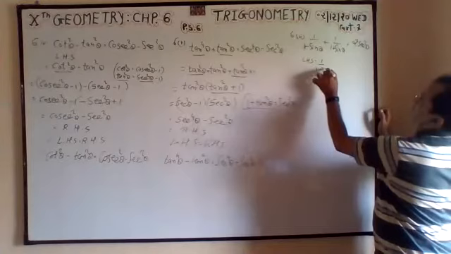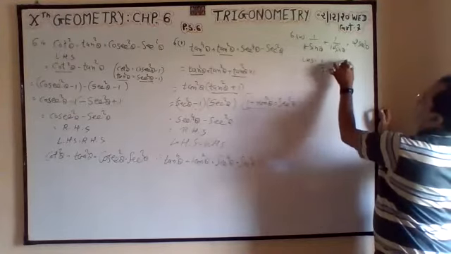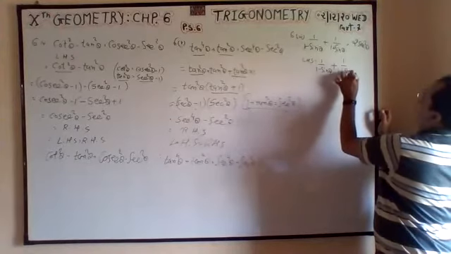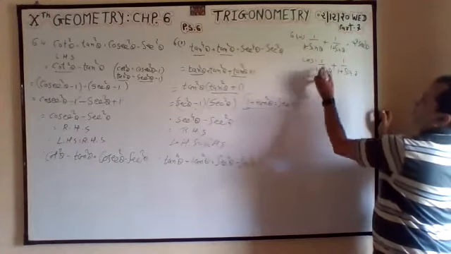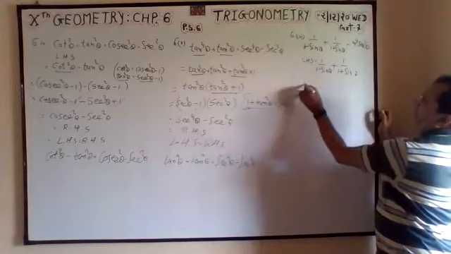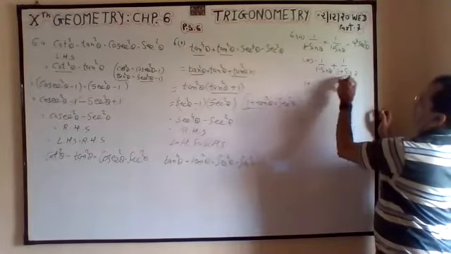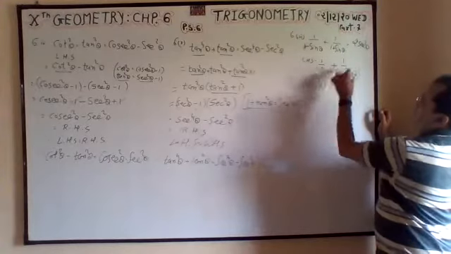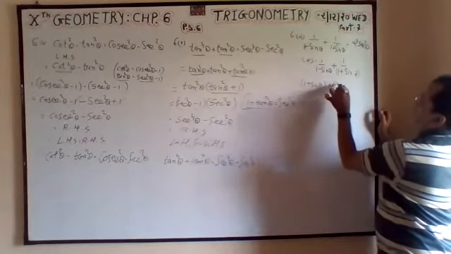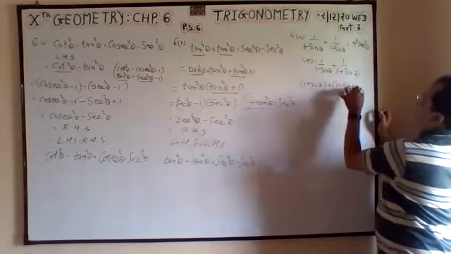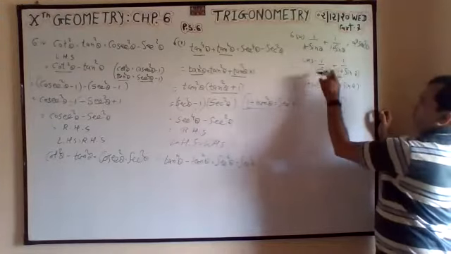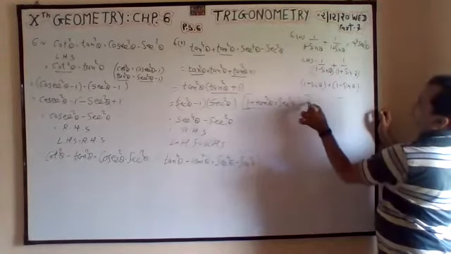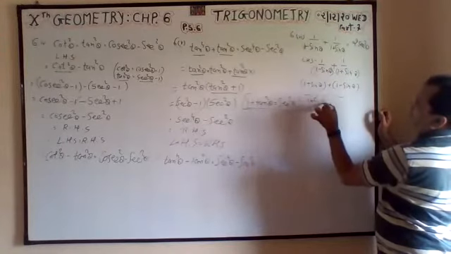1 by 1 minus sin theta plus 1 by 1 plus sin theta, cross product: this into this, 1 into same means same thing, 1 into bracket means the bracket same thing, plus 1 minus sin theta, this into this into this, now these two product. So that is 1 plus sin theta.